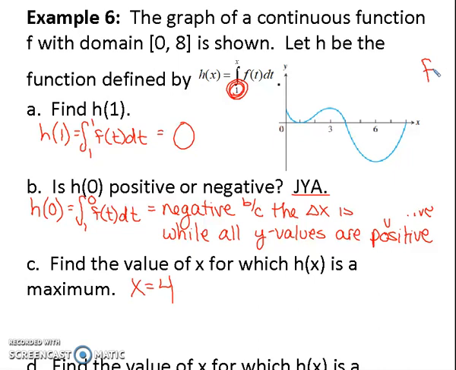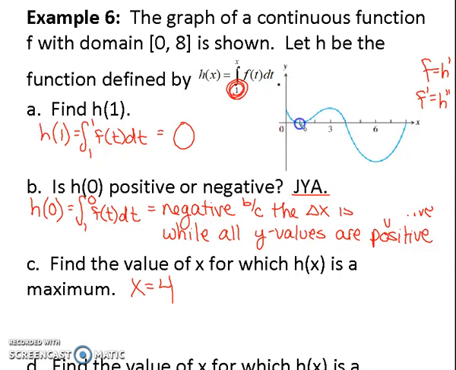Well, if h is the original function, f is the first derivative, so therefore f prime would be the second derivative. So where would the derivative of this graph that I'm looking at, where would it change signs? Well, since it's the derivative of the graph that I'm looking at, it's going to change signs wherever the slopes of this graph change between positive and negative.